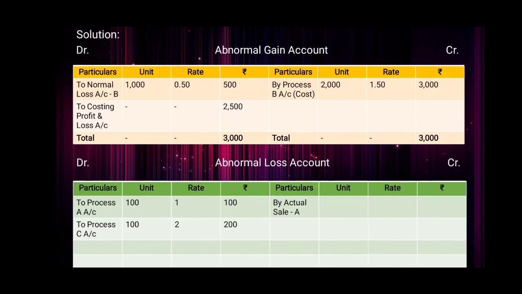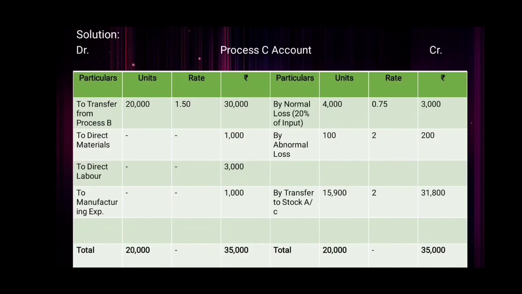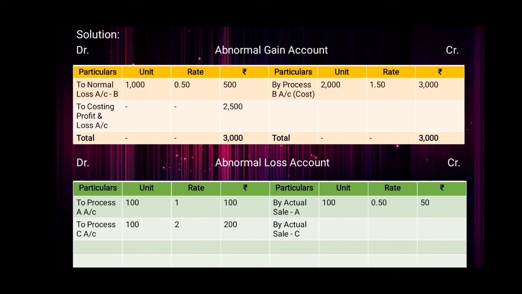By actual sales, 100 units at the rate of 0.50 being the scrap value, so the total amount will be 50. And for process C account, actual sales for process C, 100 units at the rate of 0.75 at scrap value, total amount will be 75.